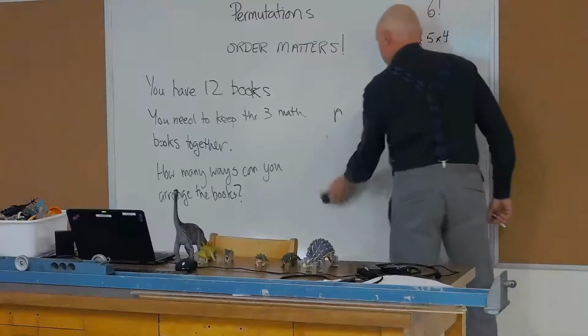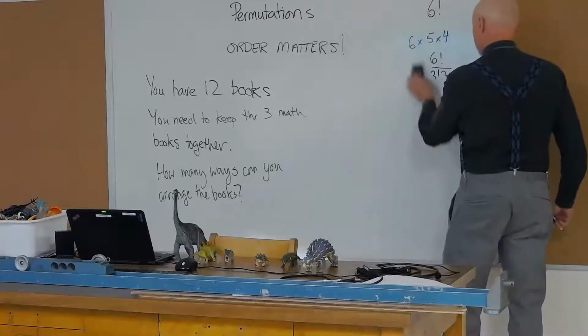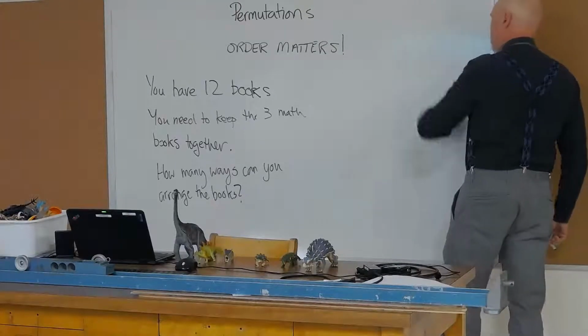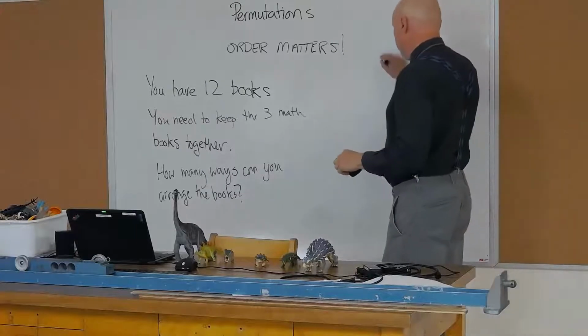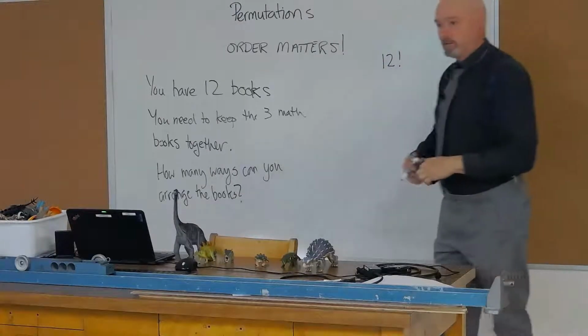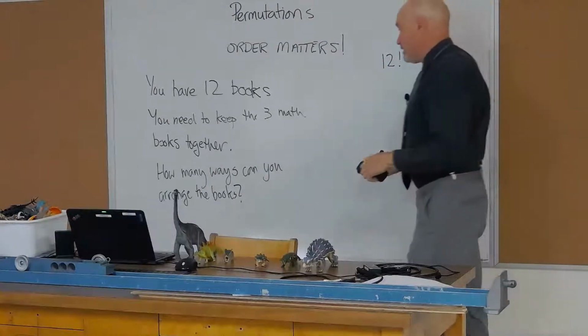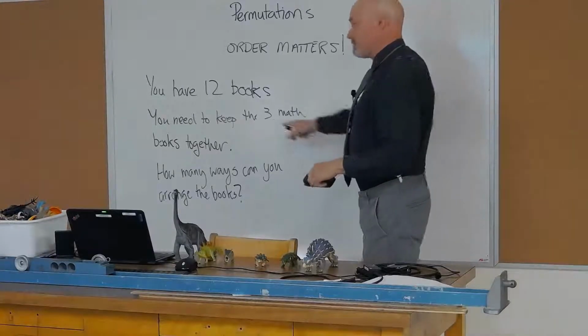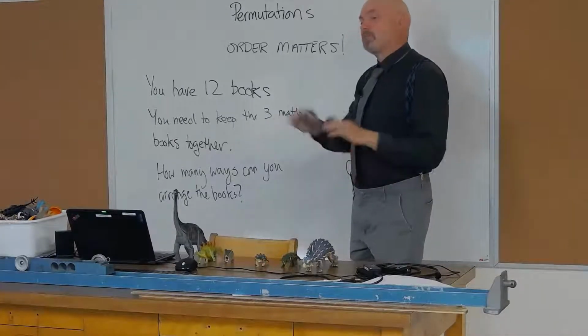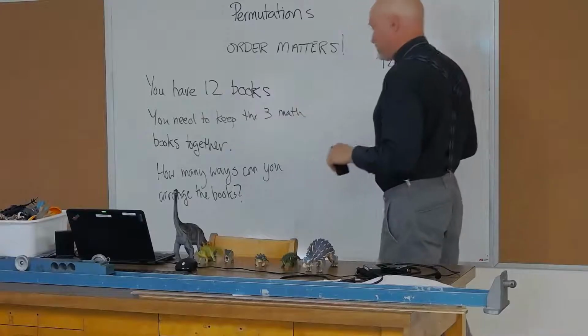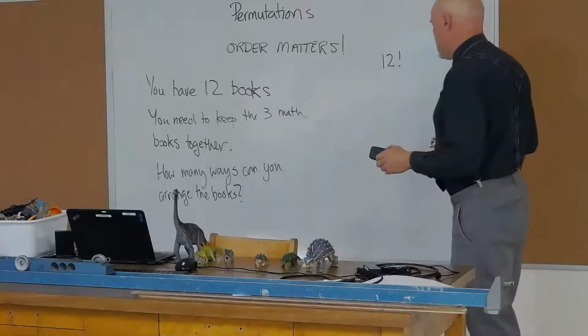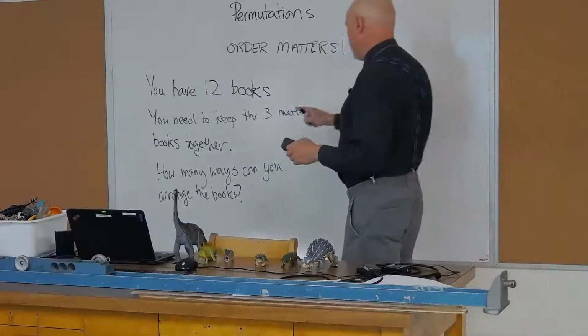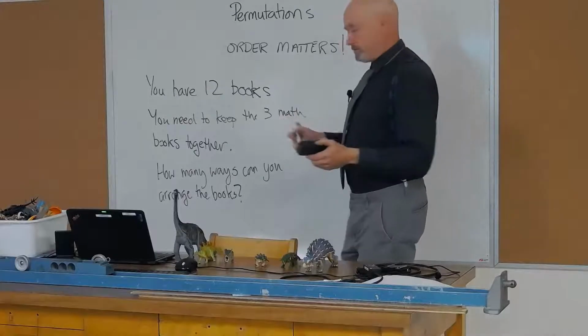Okay, so for when this crops up, this is what you do. Ordinarily, if I was just arranging 12 books, it would just be 12 factorial, and that seems simple enough. Unfortunately, we have to keep the 3 math books together on the shelf because they're the most important, okay? So really, basically, here's what we're doing.